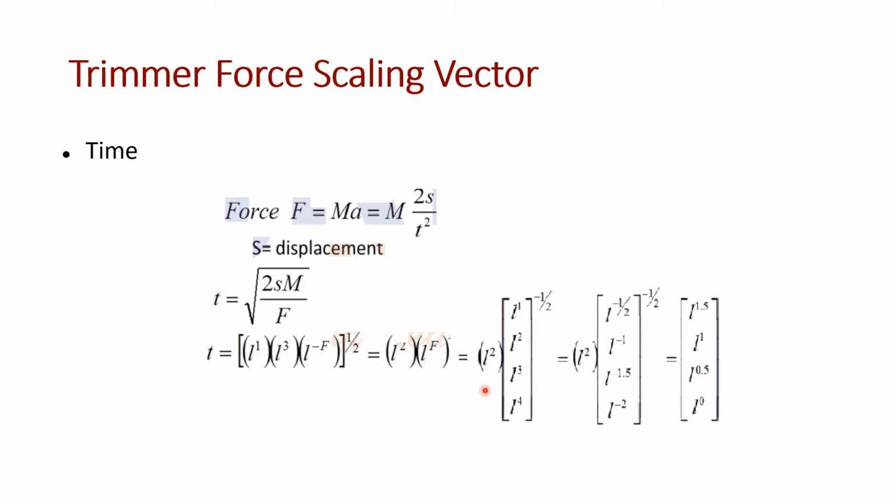So working this out, we will get the 4-element time vector, which is L raised to 1.5, L raised to 1, L raised to 0.5, and the fourth element being L raised to 0.